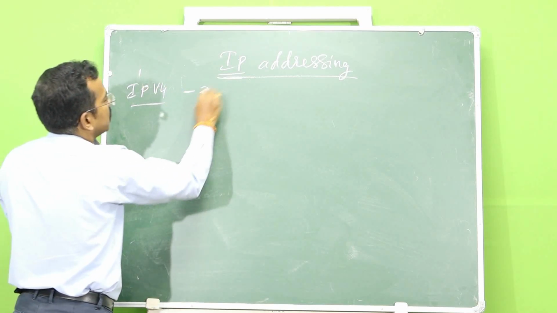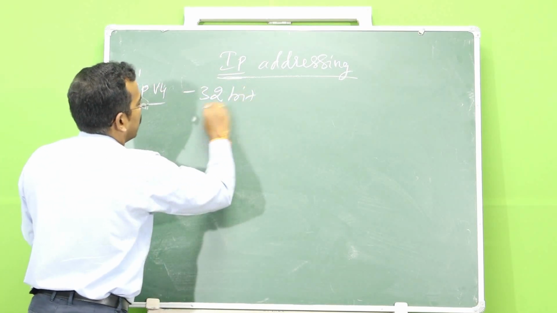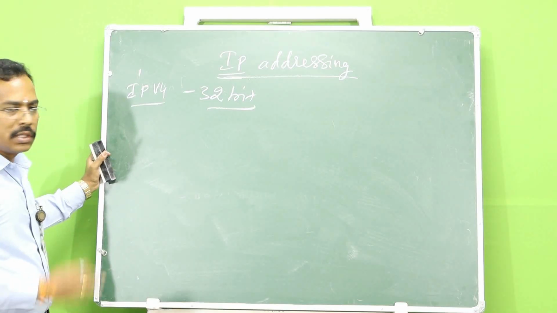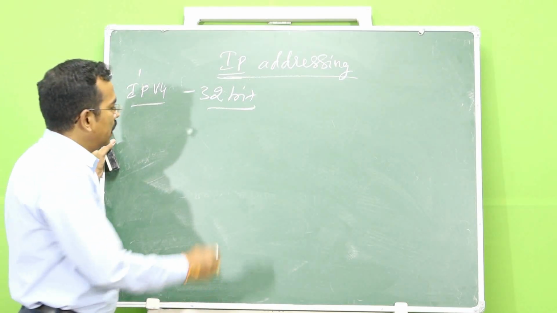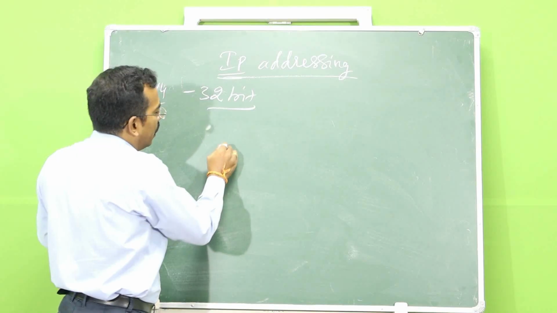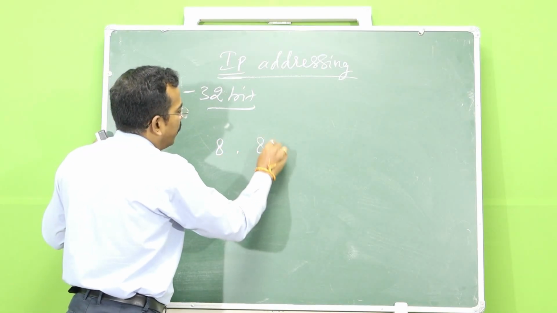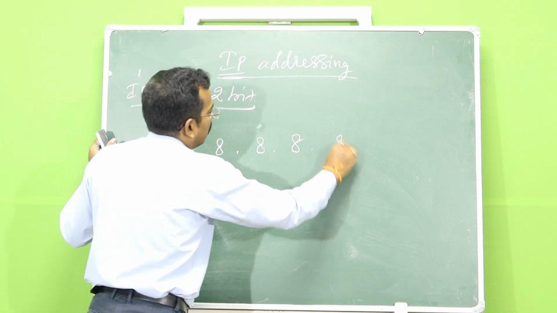As I told you, it is a 32-bit addressing. The addressing is separated into 8-bit, dot, 8-bit, dot, 8-bit, dot, 8-bit.